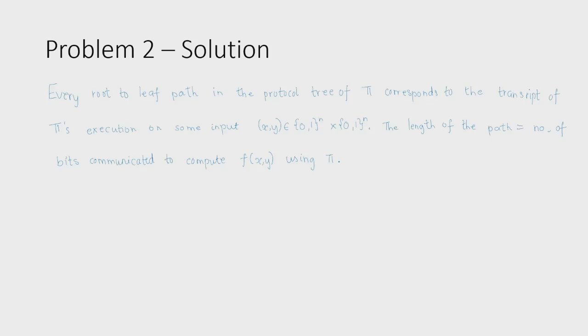So we are interested in this quantity: the max over x, y of the number of bits communicated to compute f(x, y). I am not writing the domain just for the sake of brevity.